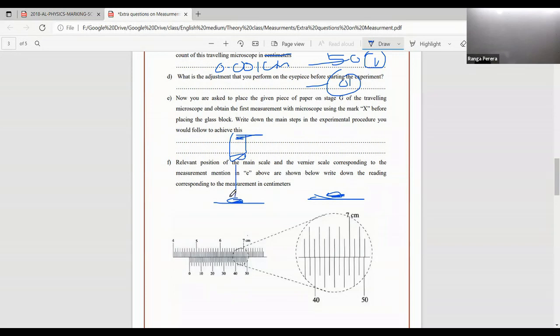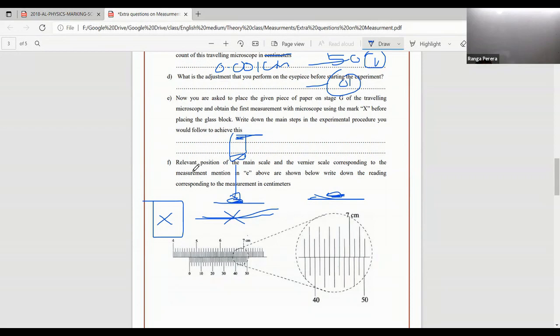Instead of lycopodium powder, they have given you a paper which indicates a cross as X. You have simply a paper which indicates the letter X. So you focus the microscope onto the paper, onto the letter X. That's all. It's similar to what I did for the lycopodium powder.